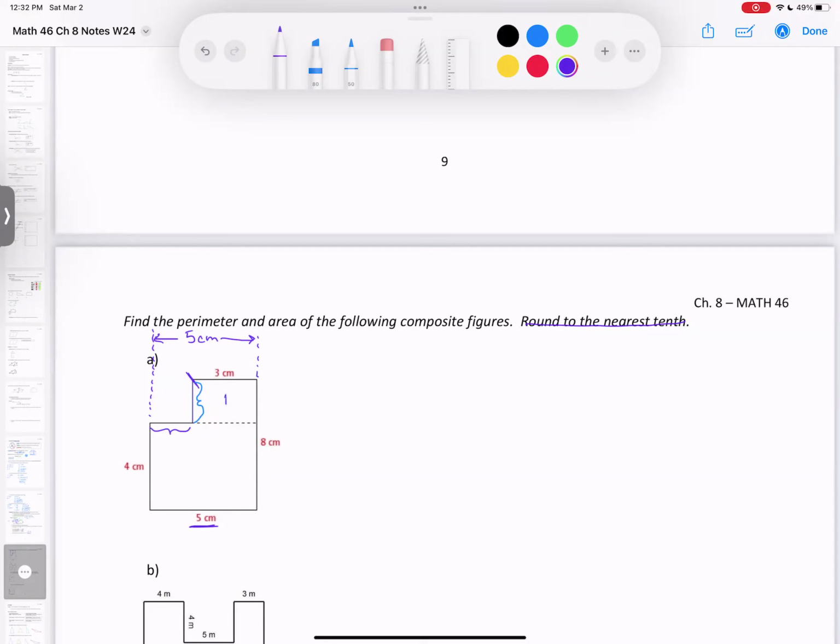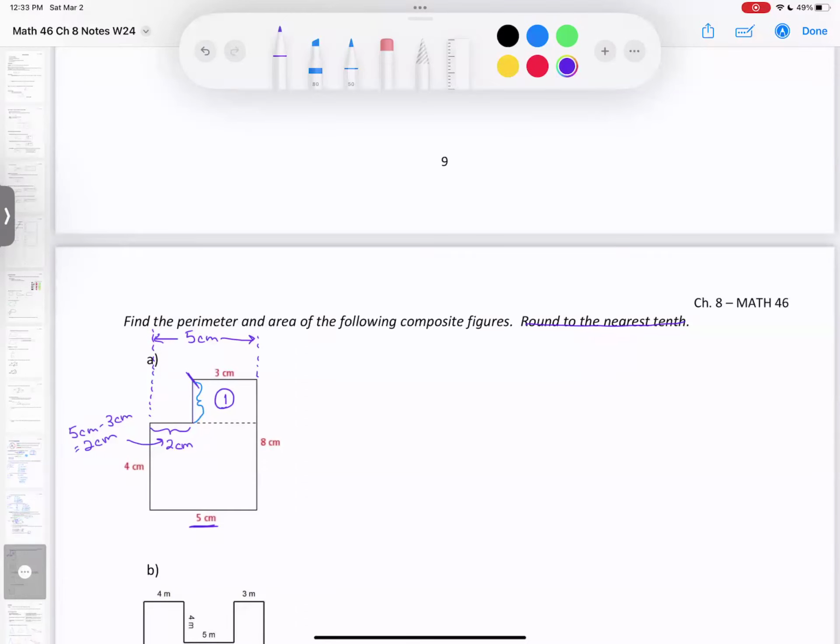I'll call this rectangle 1. Rectangle 1 already has a width of 3 centimeters. So this here is going to be 5 centimeters minus 3 centimeters to get our leftover 2 centimeters. So this is 2 centimeters.